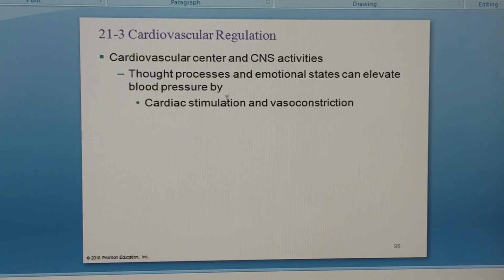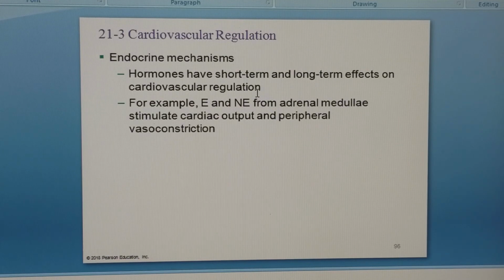Cardiovascular centers and central nervous system activities. Through conscious processes and emotional states, we can elevate blood pressure by cardiac stimulation and vasoconstriction. Endocrine mechanisms: hormones have short-term and long-term effects on cardiovascular regulation. For example, epinephrine and norepinephrine from the adrenal medulla stimulate cardiac output and peripheral vasoconstriction.